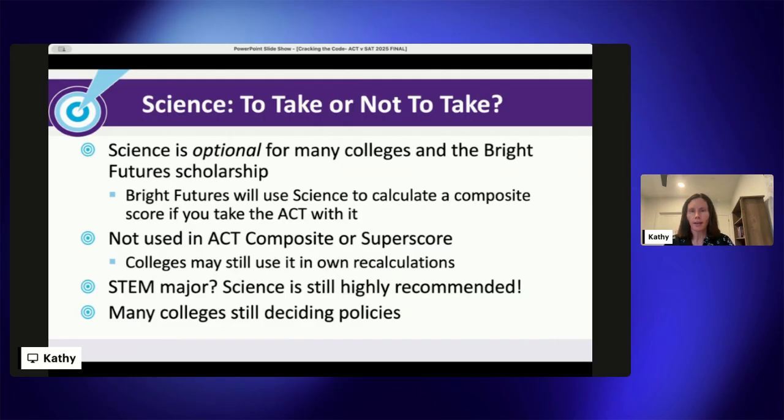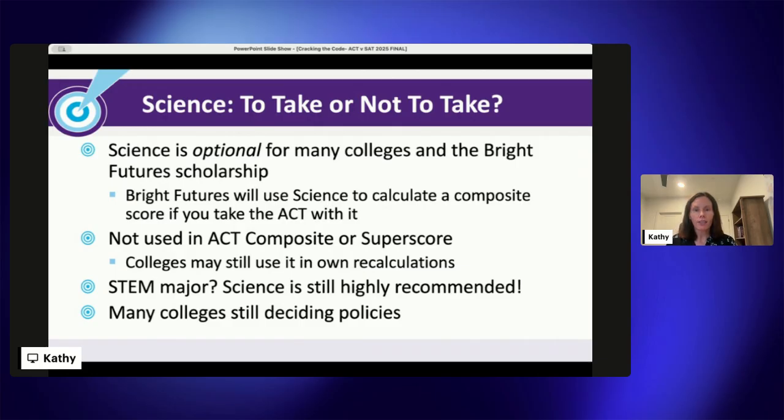Now, let's talk about science since it's optional, and should we take it or should we not take it? So I'll just preface this by saying, actually, my final bullet point is many colleges are still deciding policies. They've set policies for this year, but again, we don't know what following years are going to look like.